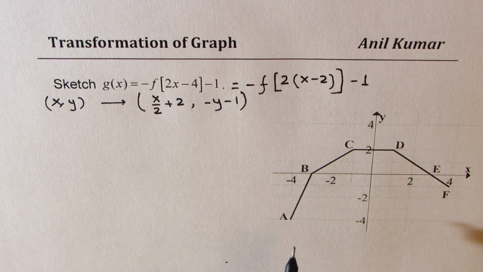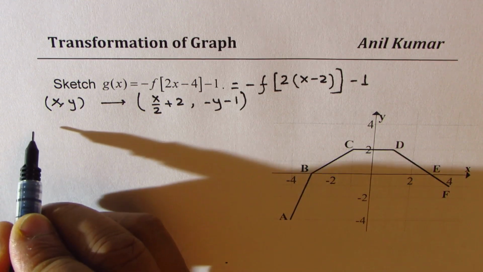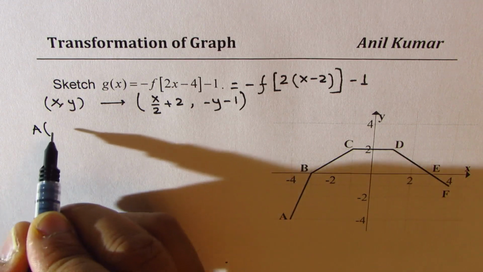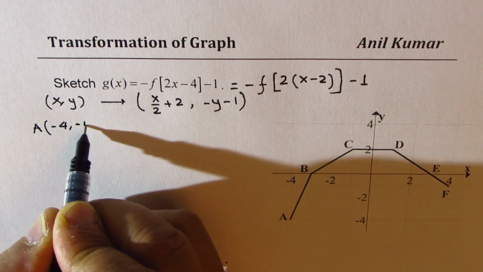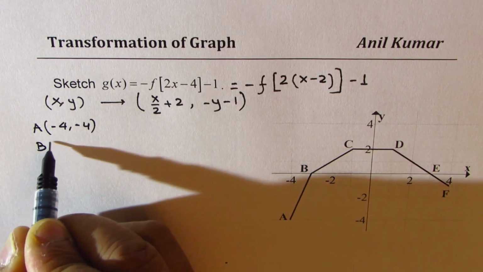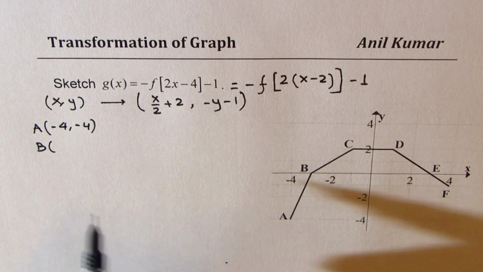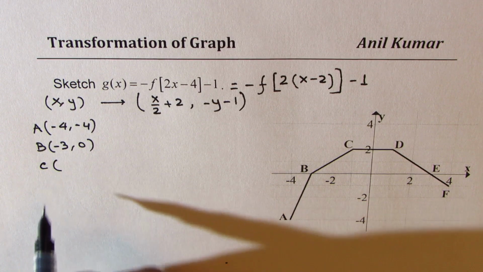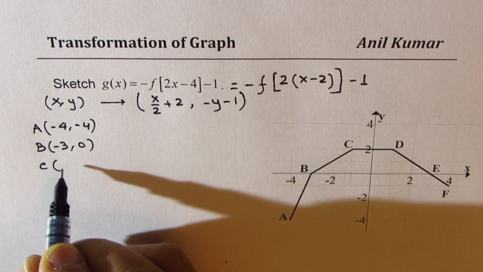So let us first write down all the coordinates. For A, we could write this as minus 4, minus 4. For B, we have minus 3, 0. For C, it is minus 1, 2.